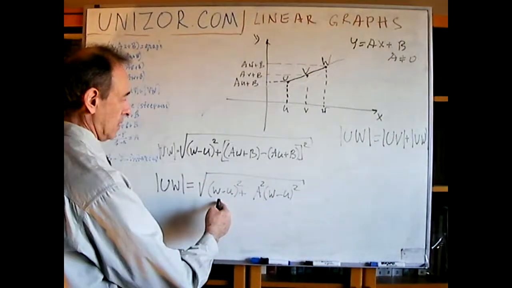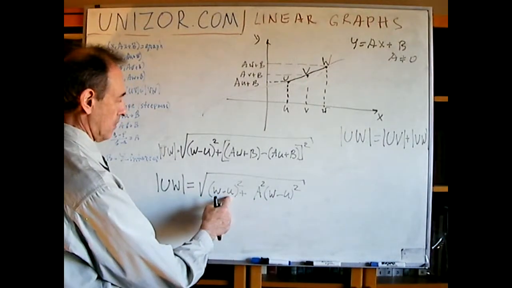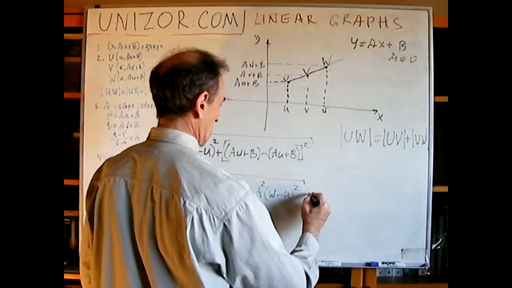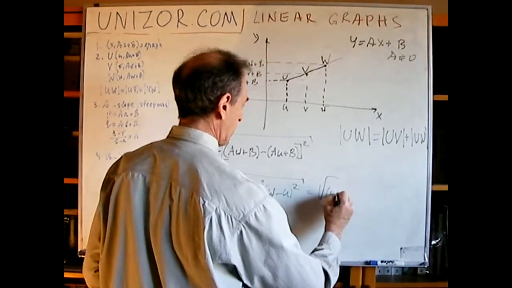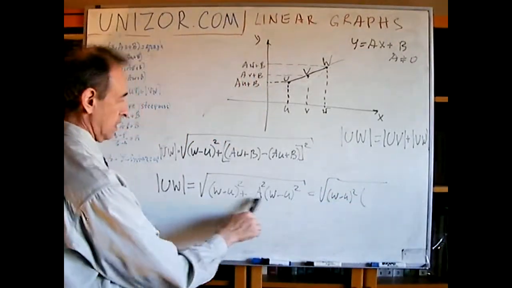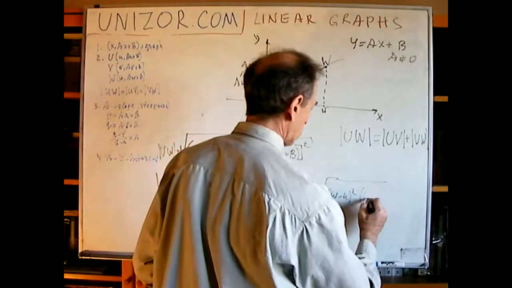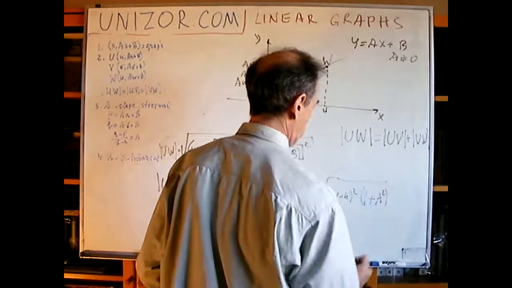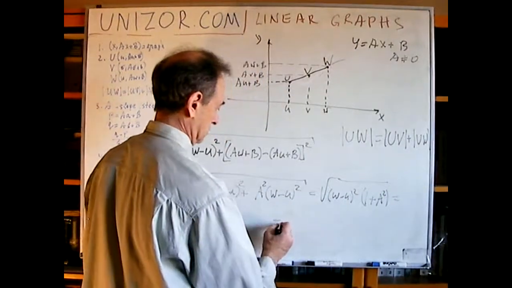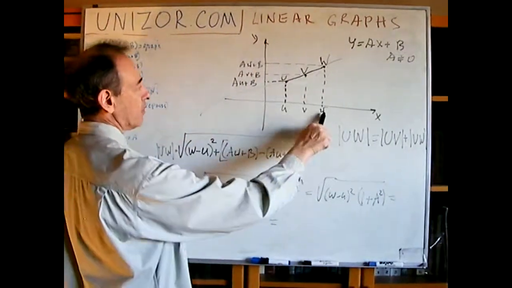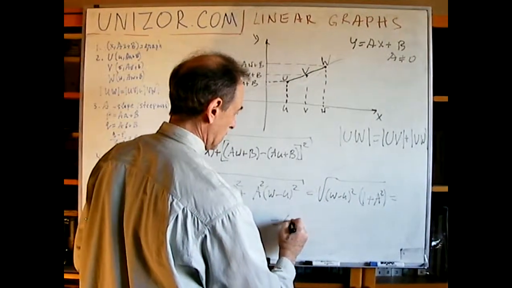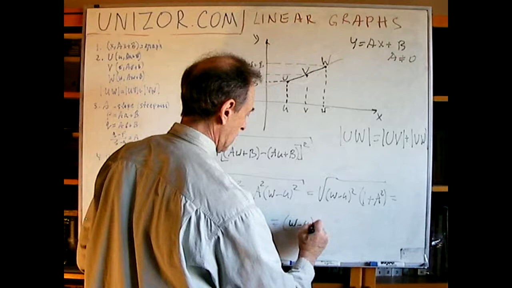Now I can factor out (W minus U) squared, which means the square root of (W minus U) squared, and in the parentheses will be 1 plus A squared. Now I will use that W is greater than U, so I can just put it outside of the square root, and that's what I will get.